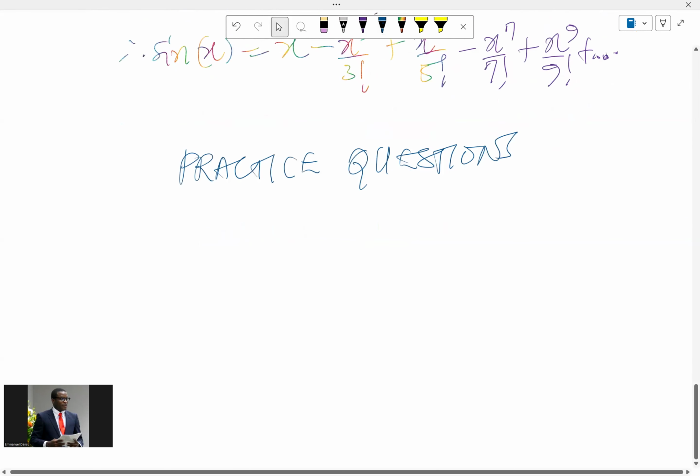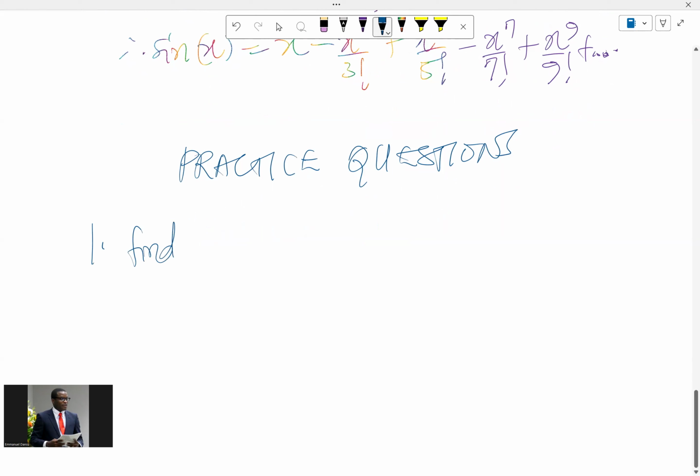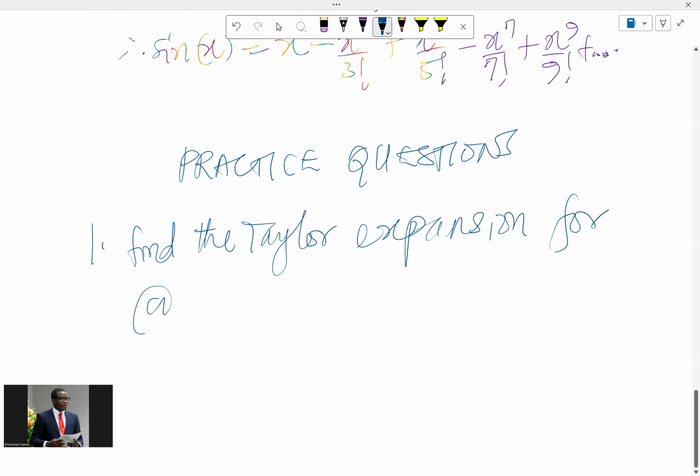So the first question will be, find the Taylor expansion for a, f of x equals cos x. We've done sine x. About x equals pi over 6 again.